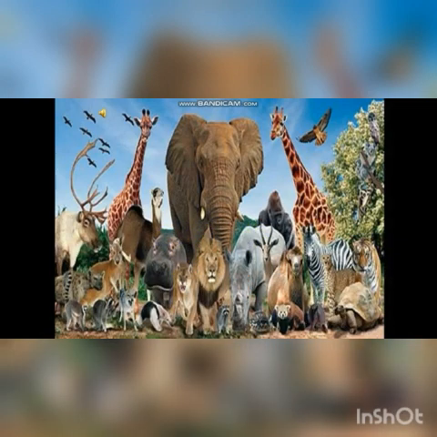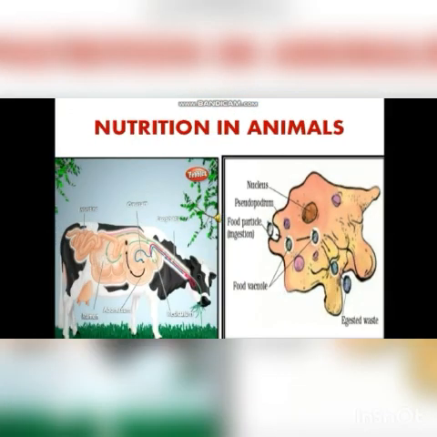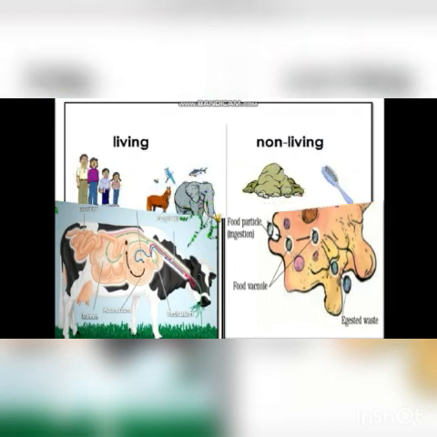Animals get their food from plants either directly by eating plants or indirectly by eating animals that eat plants. So, my dear students, here we will talk about nutrition in animals. Nutrition is all about obtaining food.